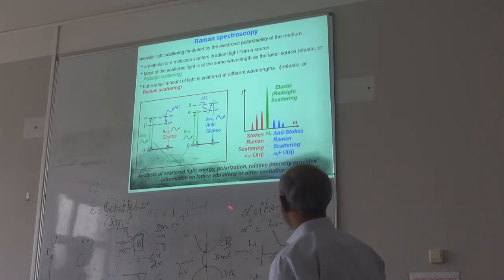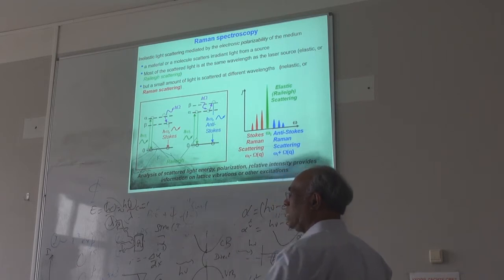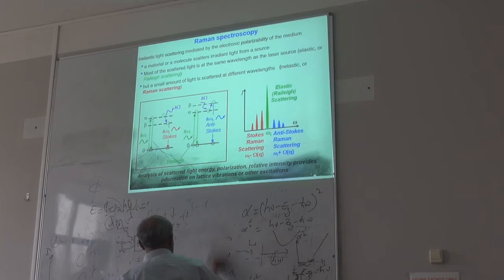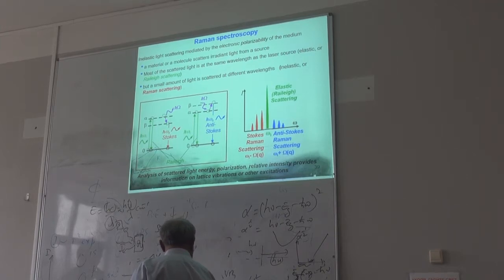So basically people are only looking at the Stokes because anti-Stokes is very weak. If you look at typically Raman spectroscopy, what you are measuring is this change in your wavelength, right? 1 over lambda initial, 1 over lambda final. So this change in 1 over lambda.